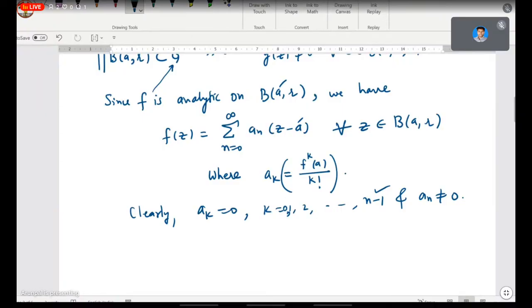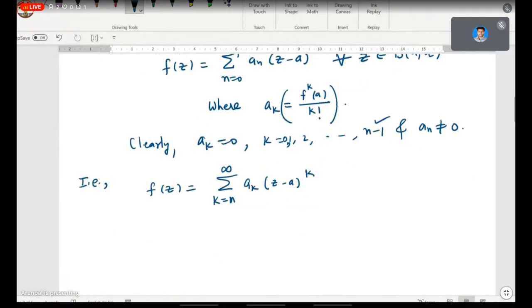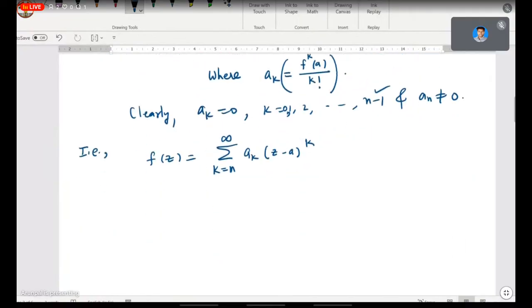Therefore, since the coefficients up to n minus 1 are 0, I can simply write f(z) as the sum of a_k (z minus a) to the power k, where k will now start from n. Is this okay, class?